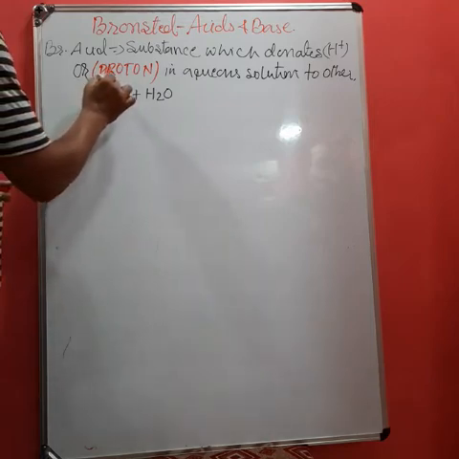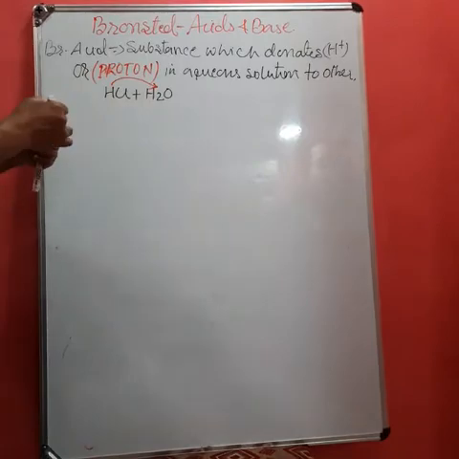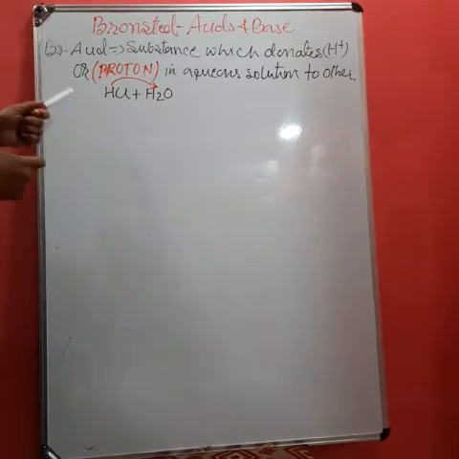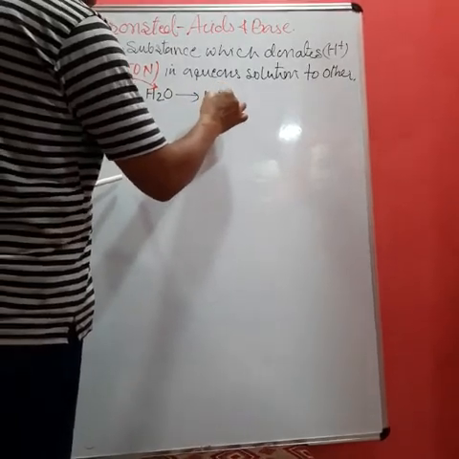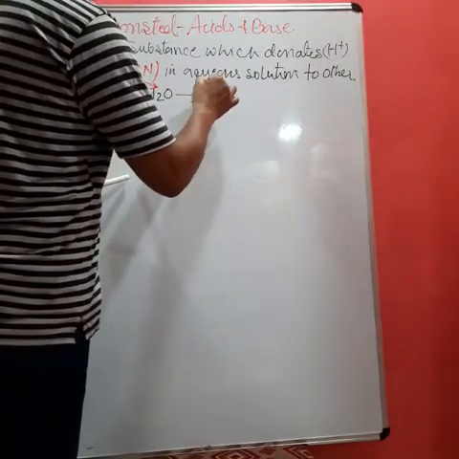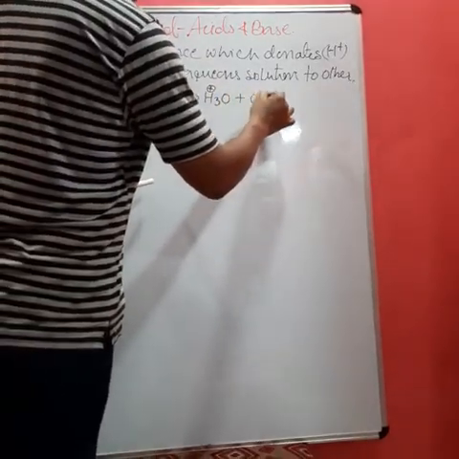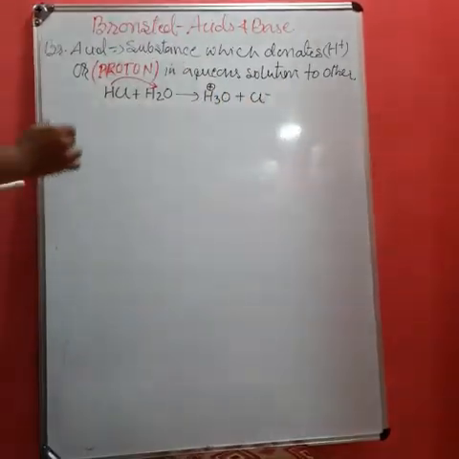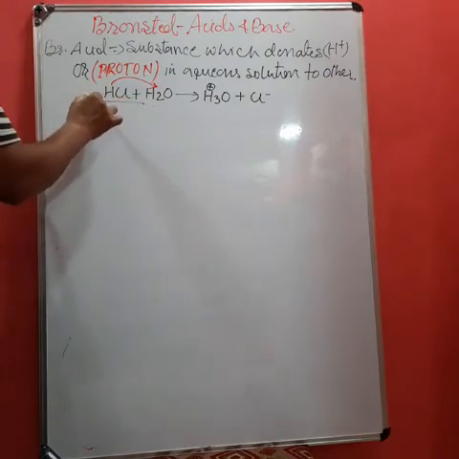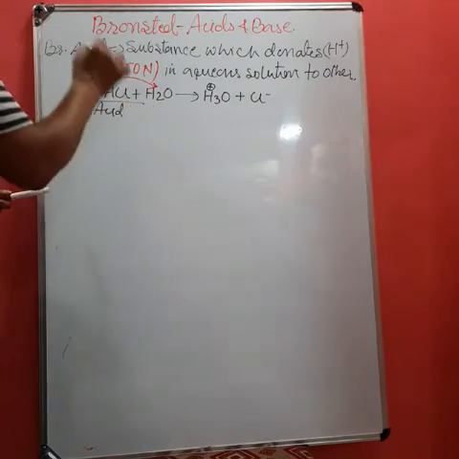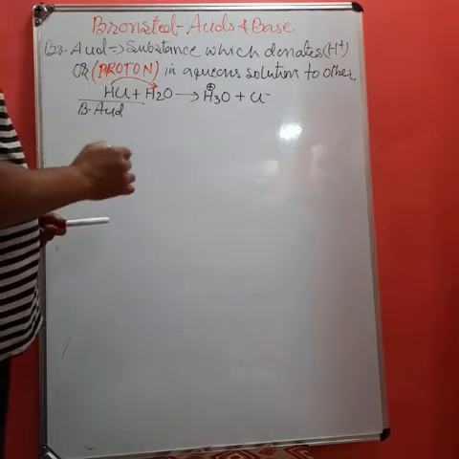Therefore, HCl donates its hydrogen cation. After losing the hydrogen cation, H2O becomes H3O cation, which is called the hydronium ion, plus it becomes Cl anion. So, since HCl donated a proton, this is called a Bronsted acid.